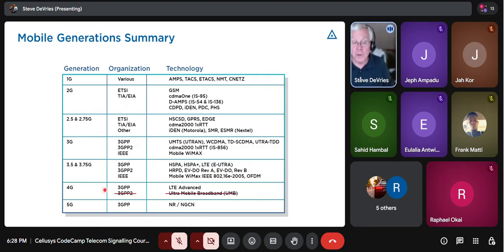Everyone went 3GPP LTE. So from fourth generation and on, and now fifth generation, there's no other players in the world. Everything in 5G and 4G is third generation partnership project. There's no other competitor like there was in 2G, 3G.